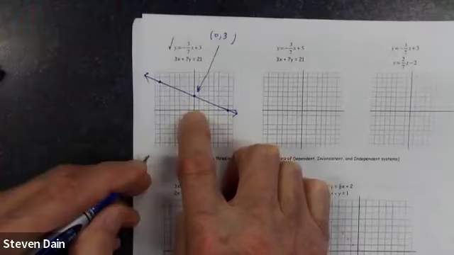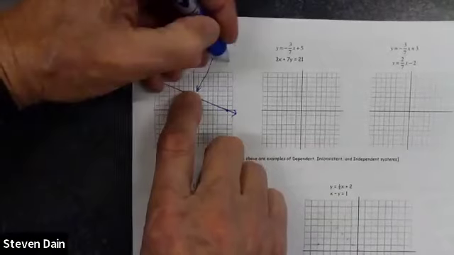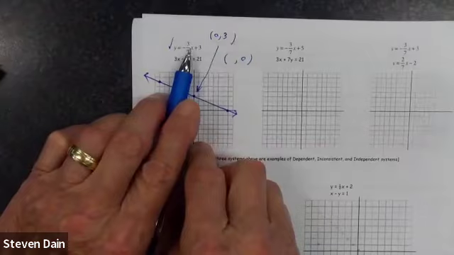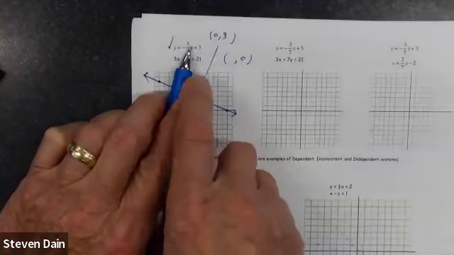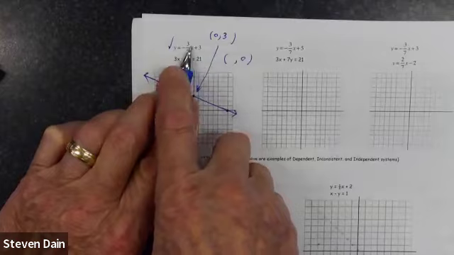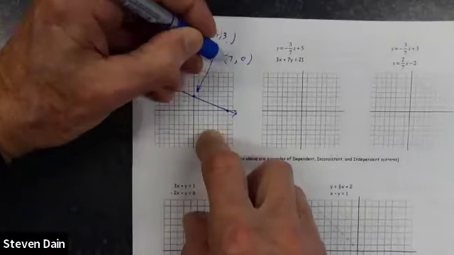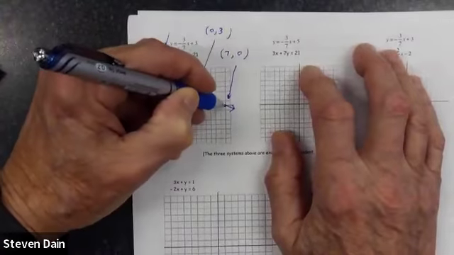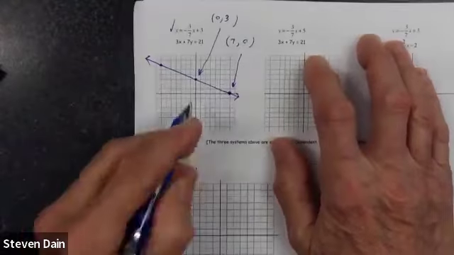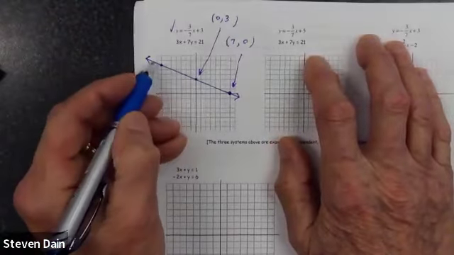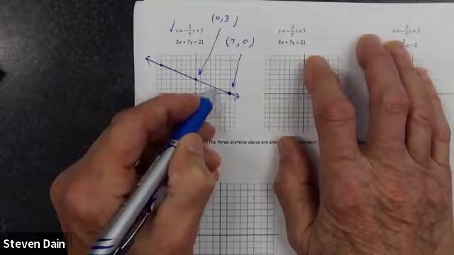right there. When I plug in 0 for y, that part disappears. 3x is 21. That means x is 21 divided by 3, which is 7. And that is this point right here. So what's going on here is the graph of one equation is smack dab on top of the graph of the other.